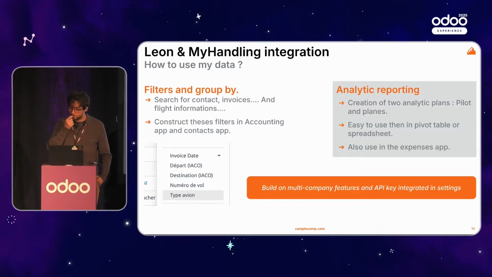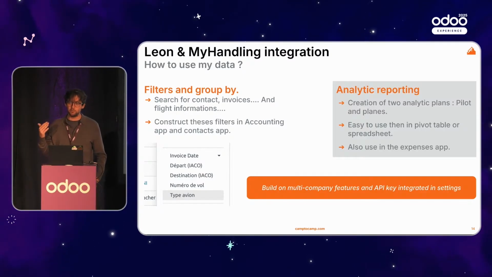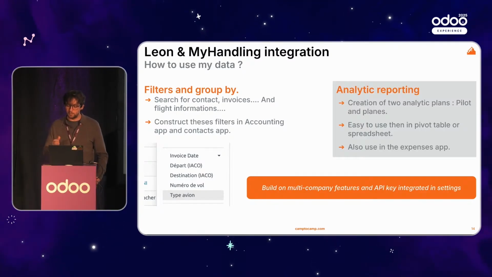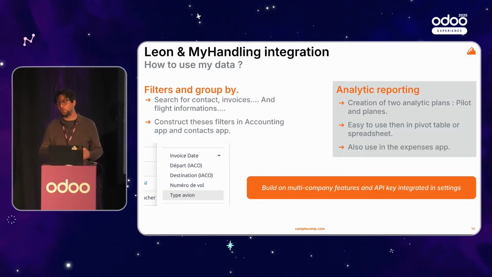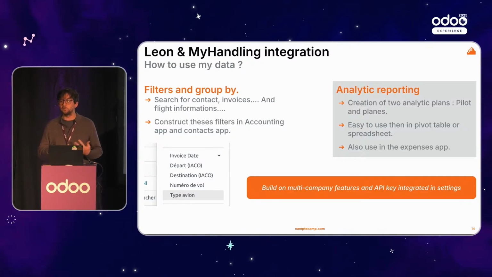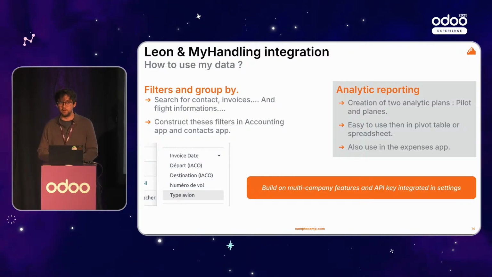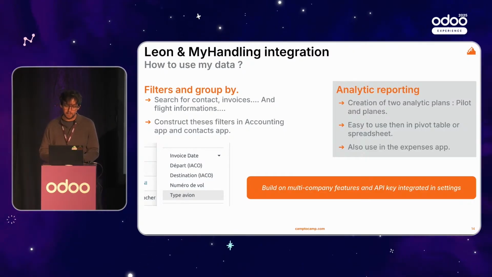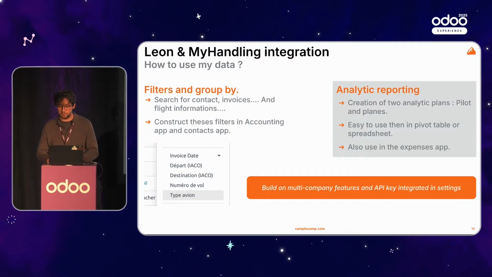And another thing, it's an industry with high security laws. For example, Leon software removes the API key every 7 days. That means that my customer has to copy-paste the API key in the settings every 7 days. It's important to be aware of that, and that the end customer can do that by himself.